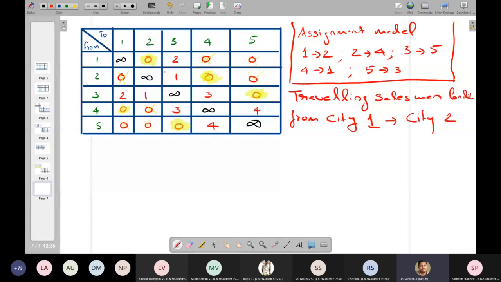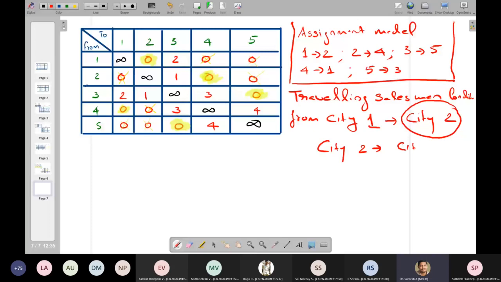Now from city 2, where is he going? From city 2, he is going to city 4. Correct. Now he is in city 4. Where is he going? Back to 1. He is going to city 1.